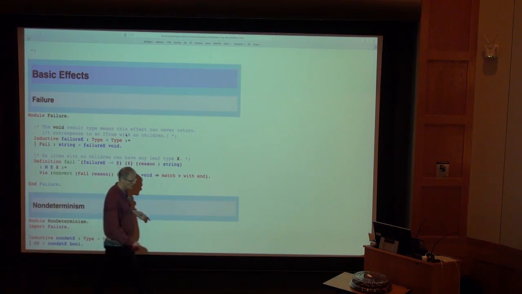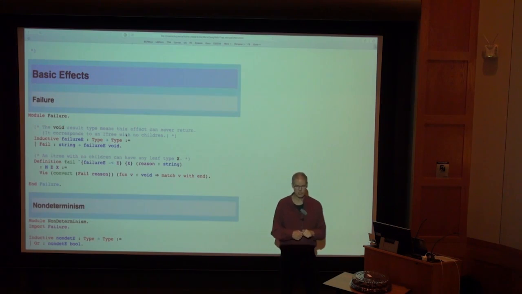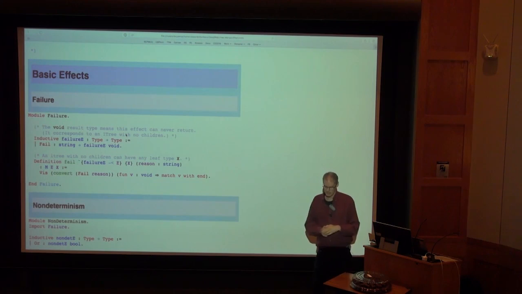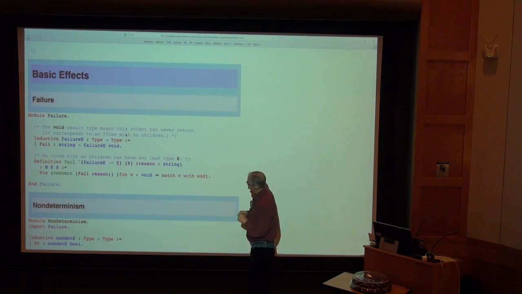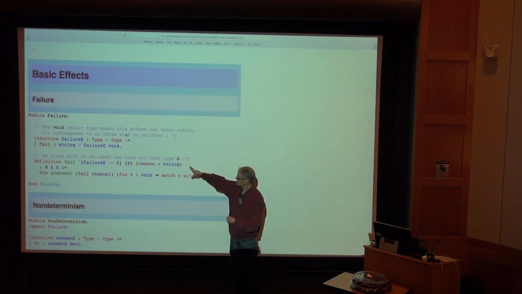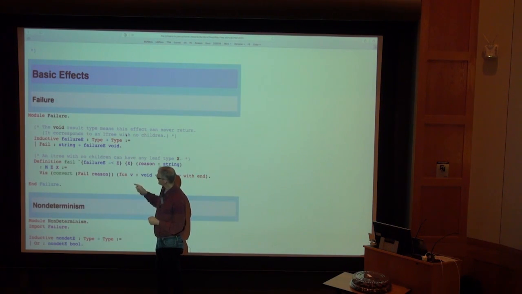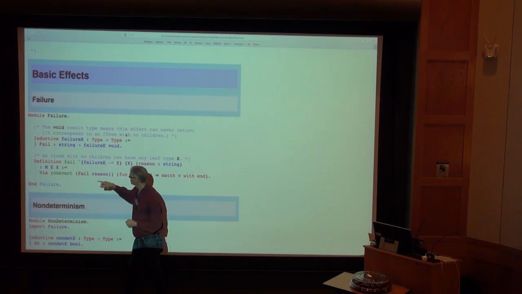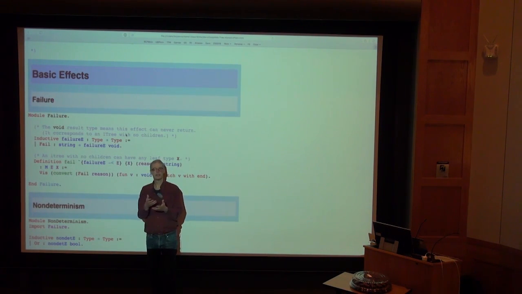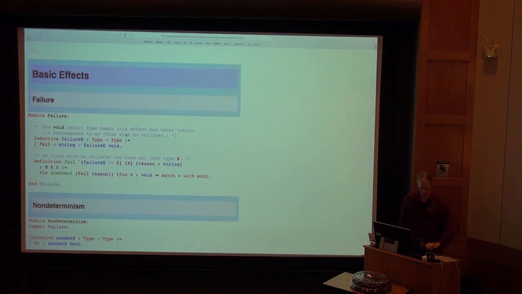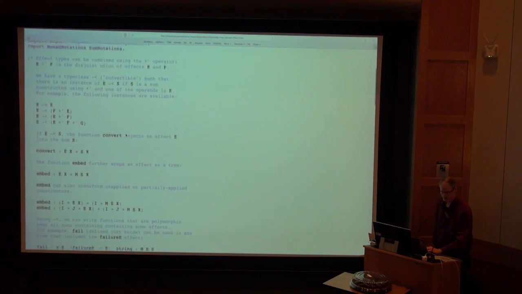So we're going to want to deal with interaction trees over lots of different kinds of events. This fail function is an example of a generic combinator that says I can be used to produce trees where the event type is anything that includes a failure event. Now, what do I mean by an event type including something? Let's go up here.